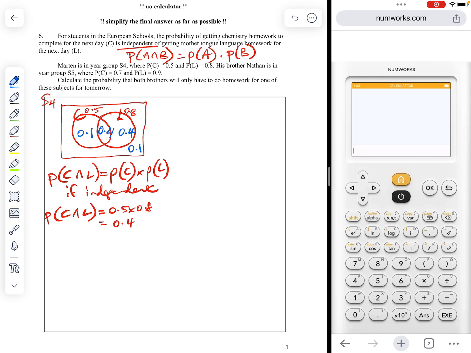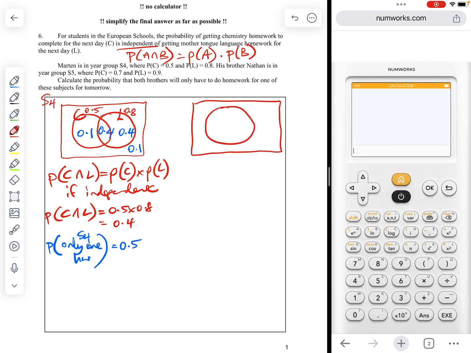So we can already see that the probability of only one homework in S4 is going to be the 0.1 for just chemistry and 0.4 for just language. So the two together, just one, is going to be 0.5.